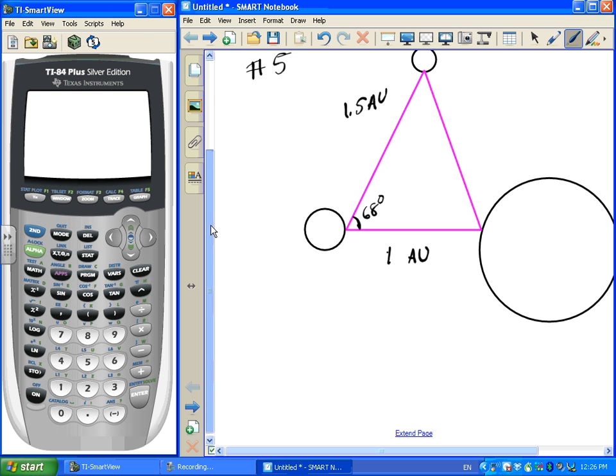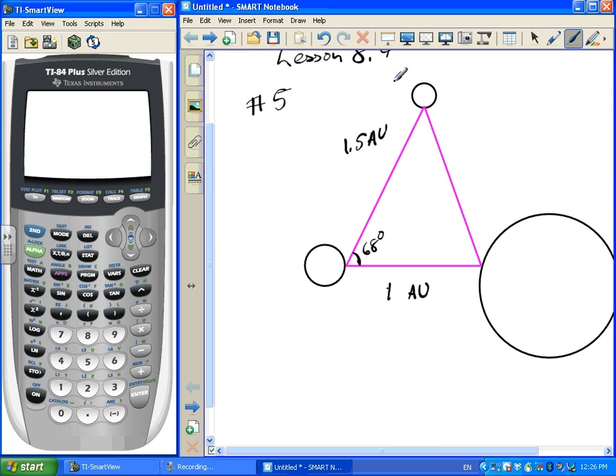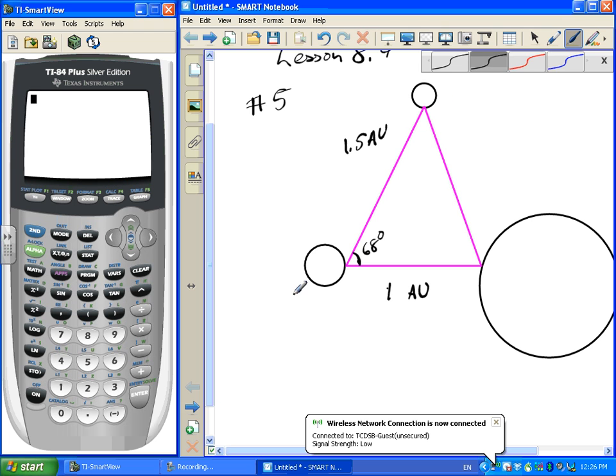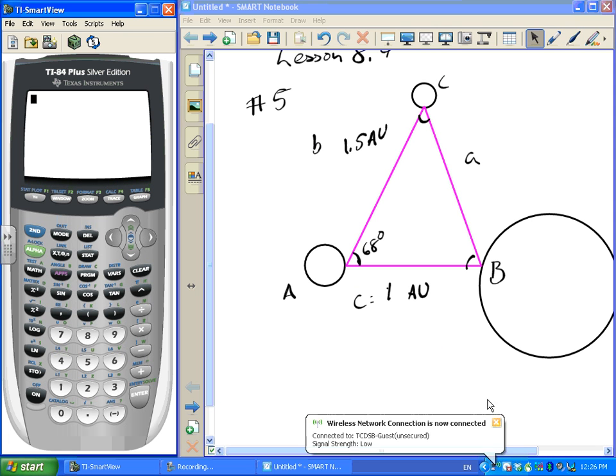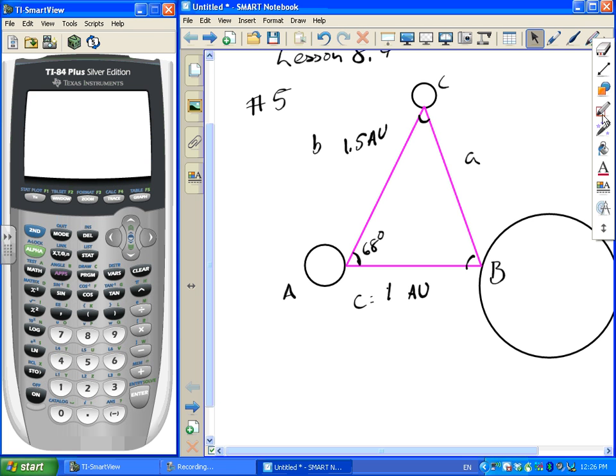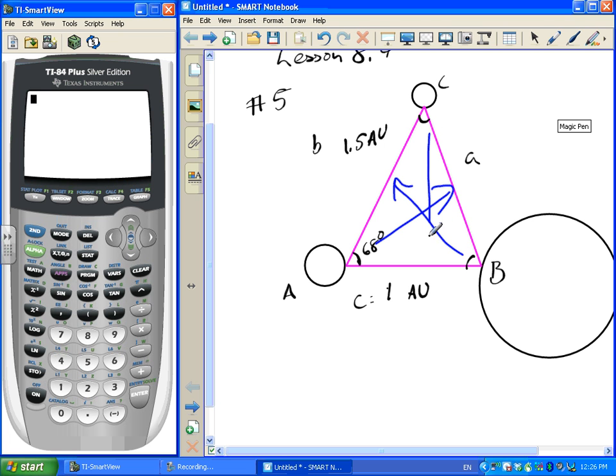Now when I look at this triangle, if you remember, I'm going to call this angle A, so this is side A, angle B, side B, and angle C, side C. If I use sine law, I don't have an opposite side and angle for any of these, so I can't use sine law.